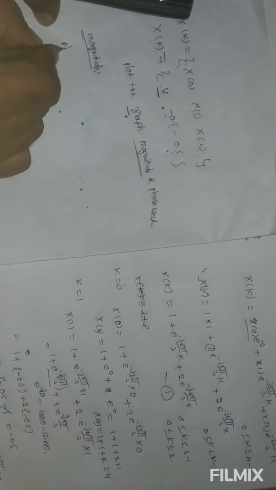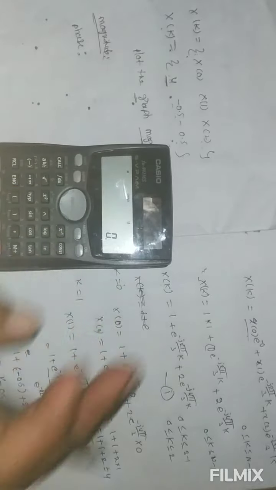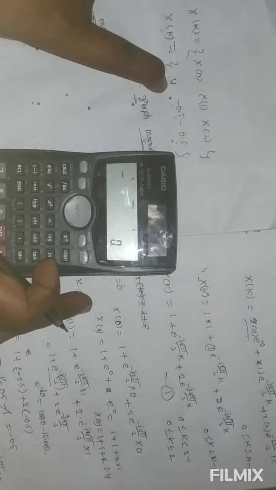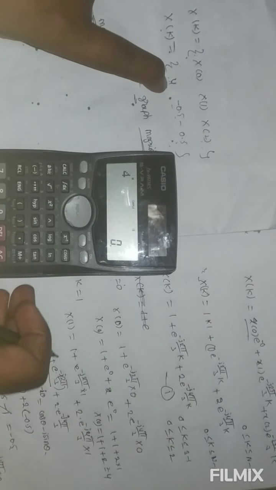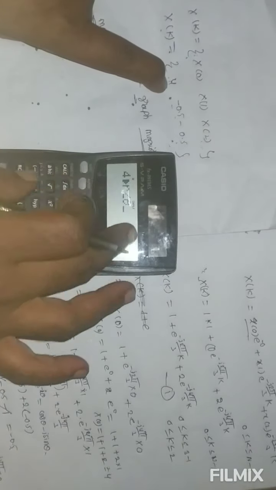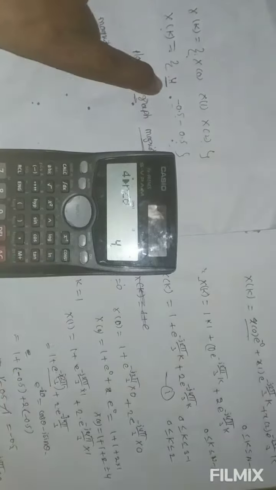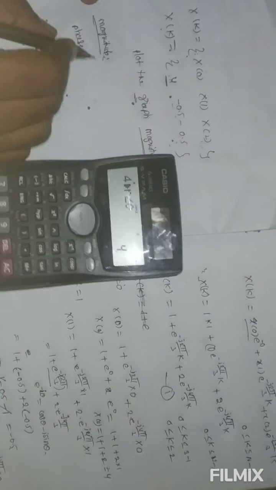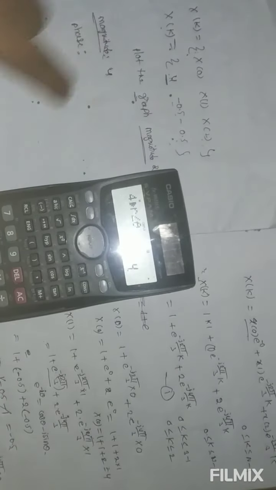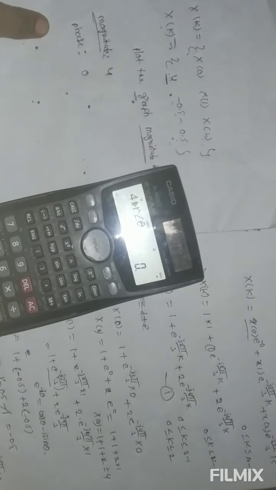And phase. We are using calculator in complex mode and radians mode. Then here x of 0 equal 4, we press 4 and shift plus, this converts into polar, equal, this is the magnitude, magnitude is 4, and shift equal, phase equal to 0.